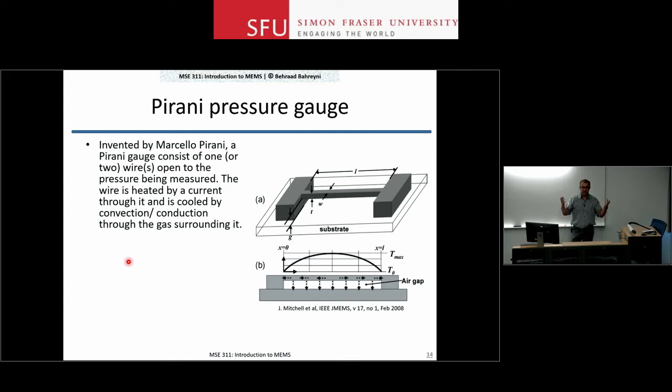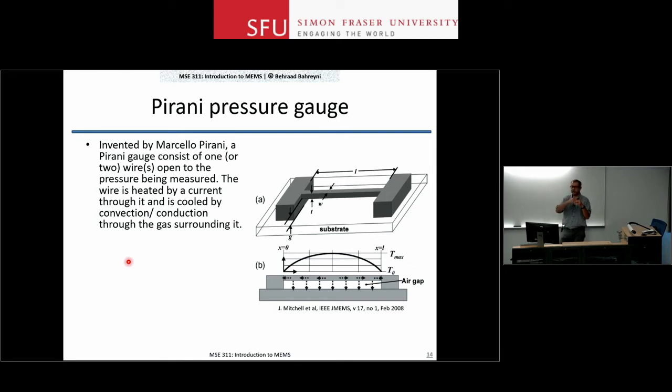You will have less gas, therefore the thermal conductivity will go down. And therefore the equilibrium that you had before will not be there anymore. Your conduction is lower, your heat loss is less, therefore the temperature of your resistor will go up a little bit. So that's a Pirani gauge.